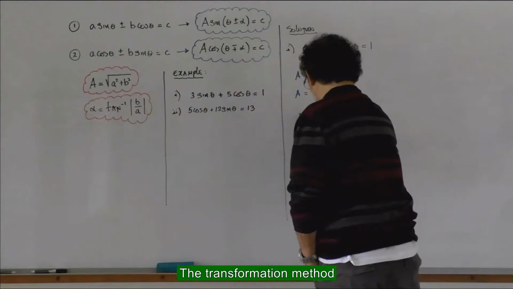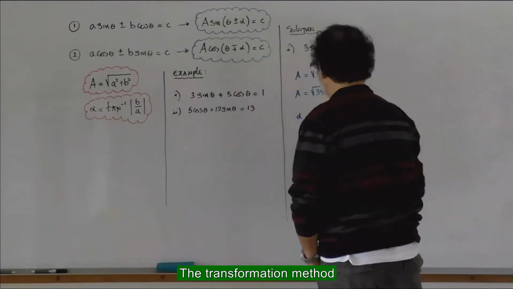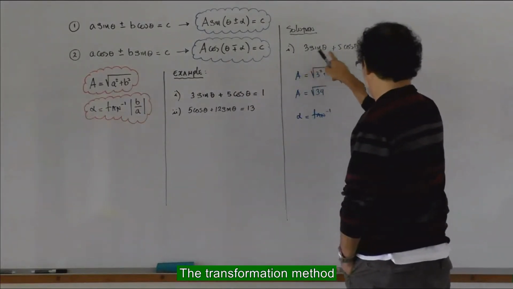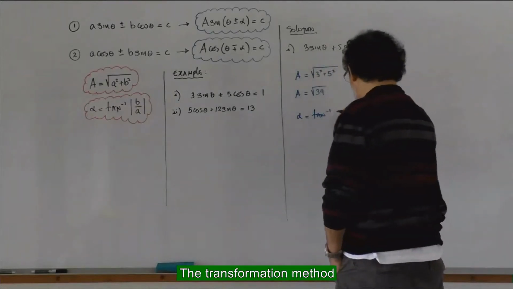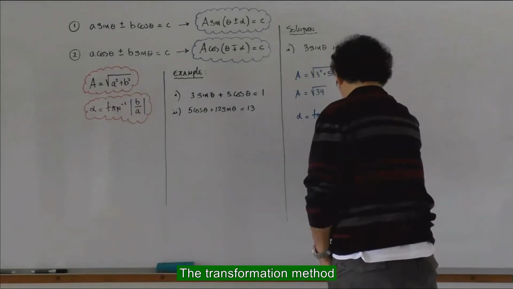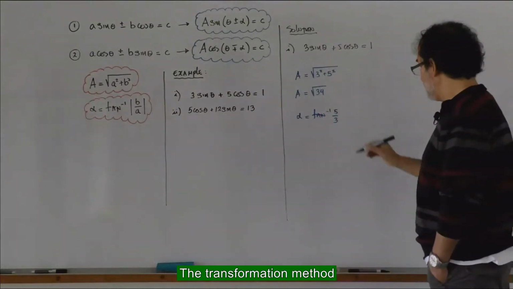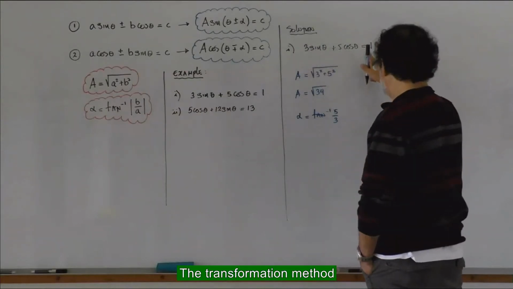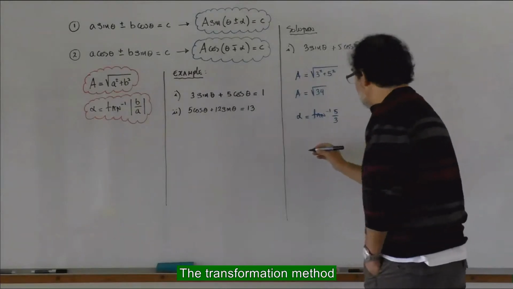So we're going to say that alpha is equal to the inverse tan of 5/3. We don't need to put the absolute value because in here we got positive 5 and positive 3, so we simply say 5/3. Okay. All right, so then solving this equation is equivalent to solving the following equation.